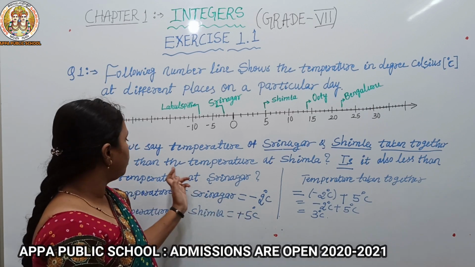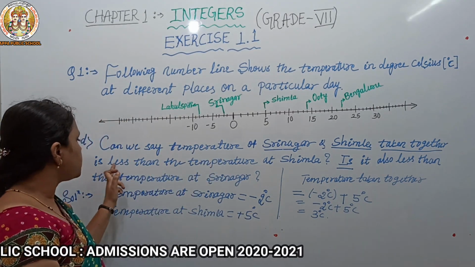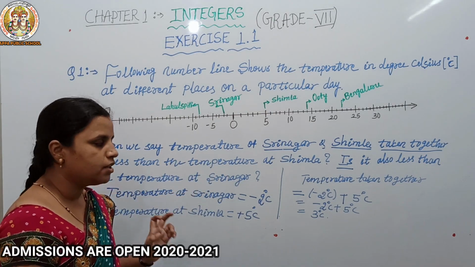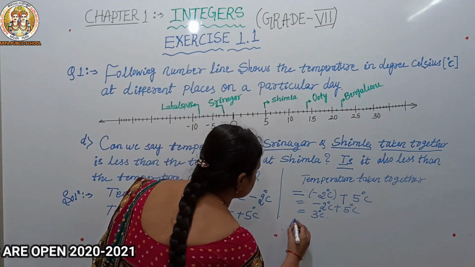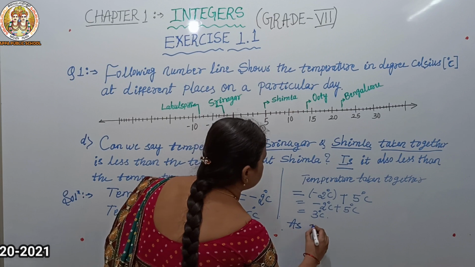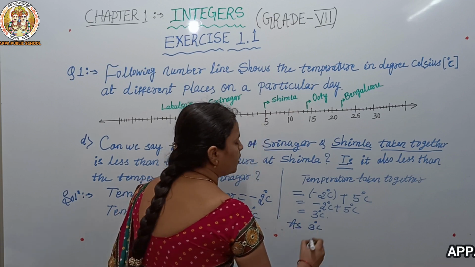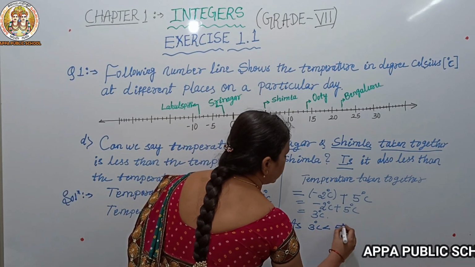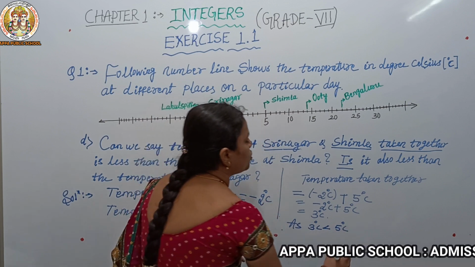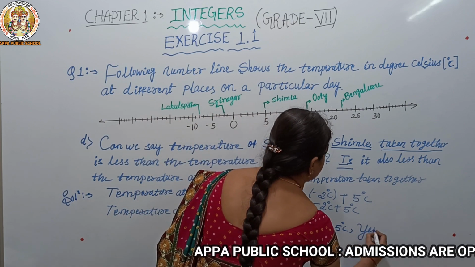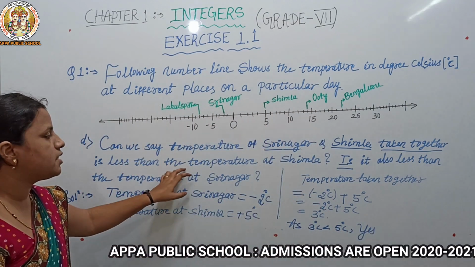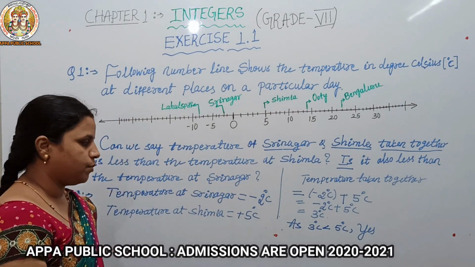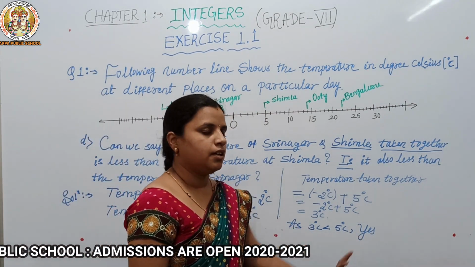So what do you have to write for the question, is it less than the temperature at Shimla? 3 degrees Celsius is less than 5 degrees Celsius. So you should write yes. Yes, it is less than the temperature at Shimla.